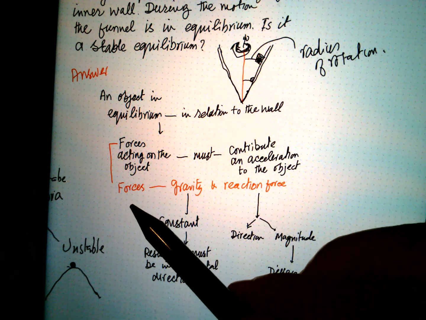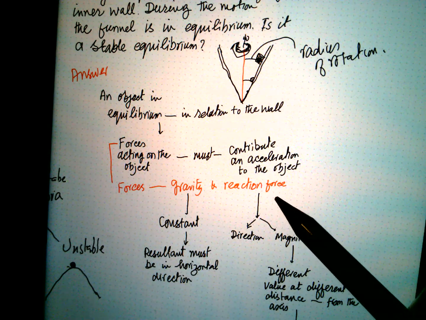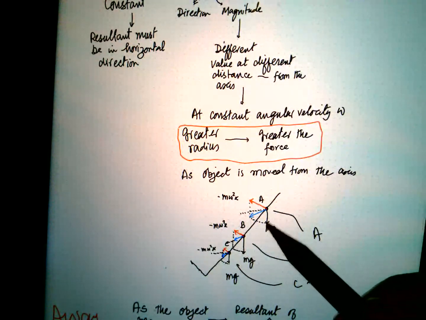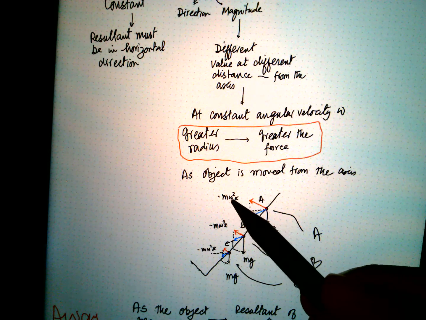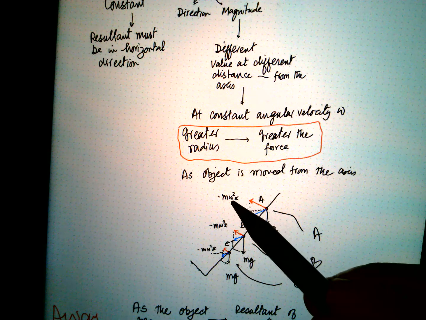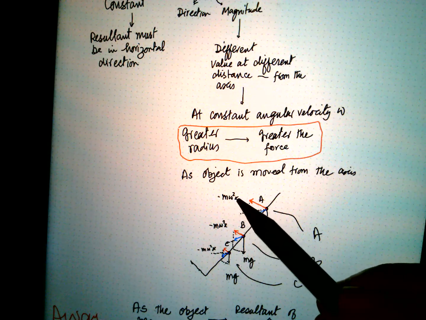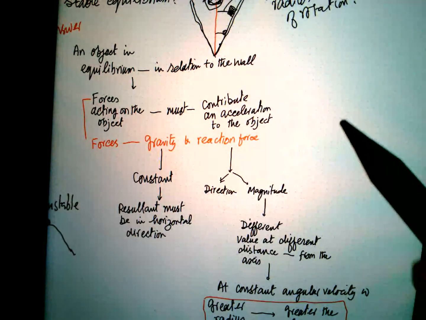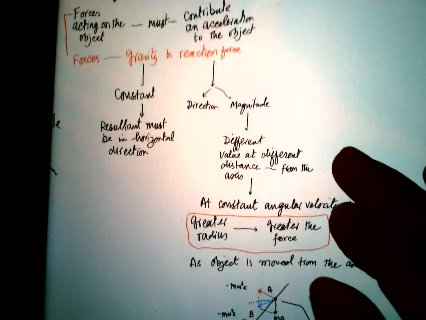One is gravity, which is downward, and the other is a reaction force, the red one, which is m omega square x. m is the mass of the object, omega is the angular frequency, and x is the radius of rotation, the distance from the object to the axis of rotation.